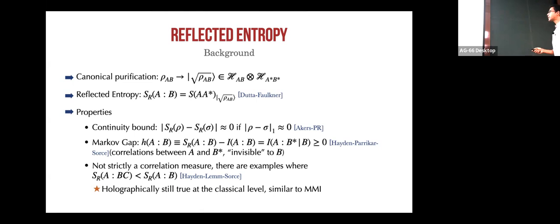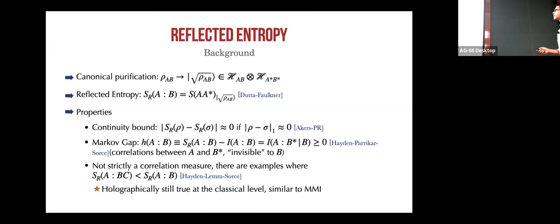And the difference between these you can actually rewrite as a conditional mutual information. The way to think about a conditional mutual information is roughly that it's the correlations between regions A and B star which are sort of invisible to B. So if you're given information of B, what's the correlation between A and B star that you still don't know about?